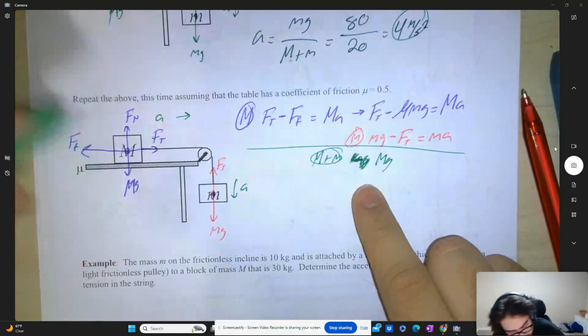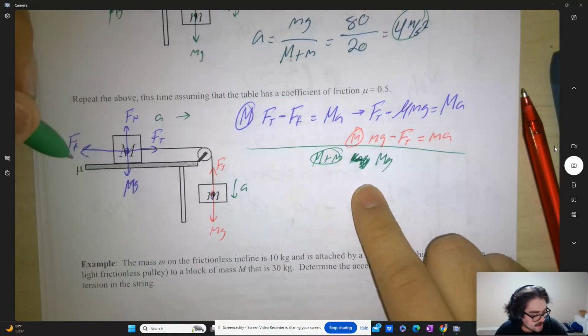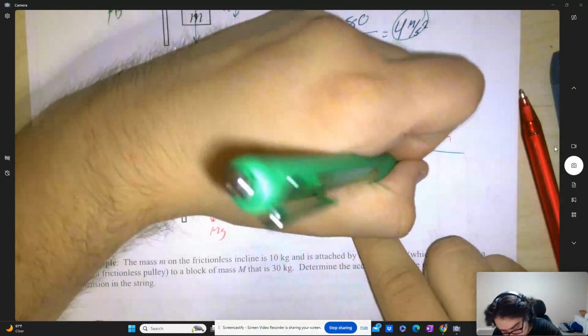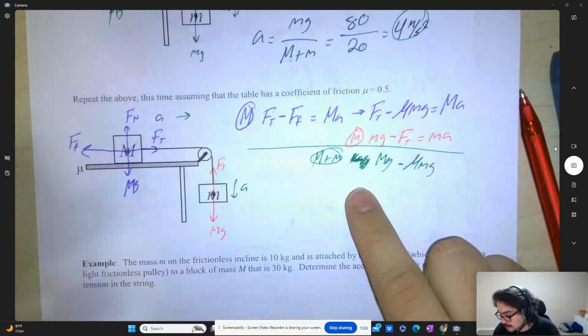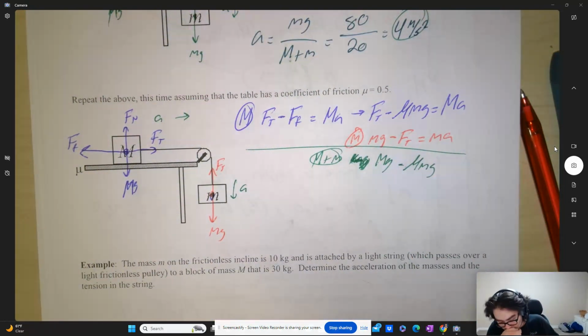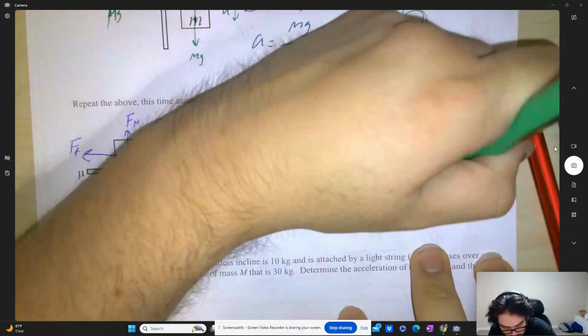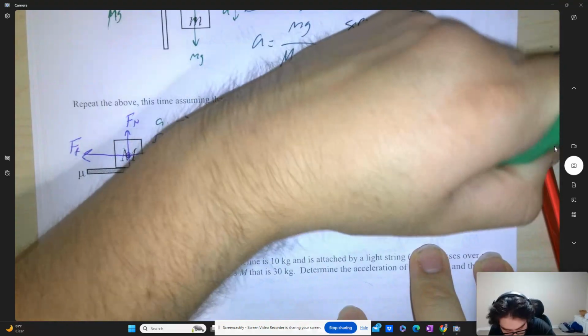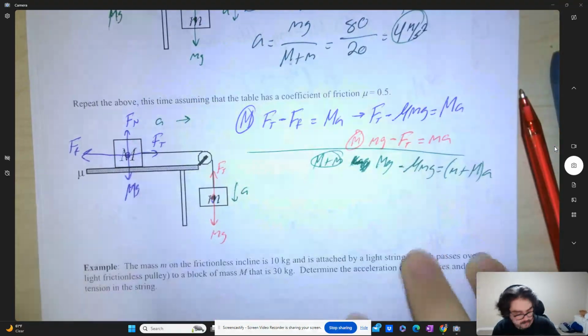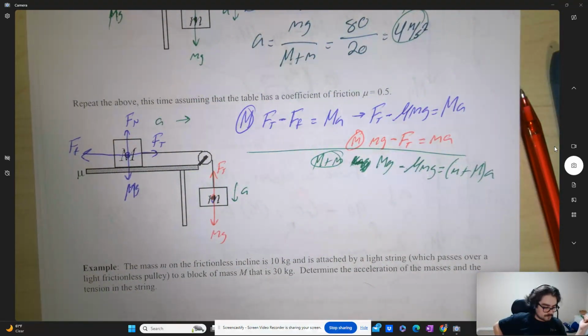Little mg, and then now you do have a backwards force, which is minus mu Mg. So you can set that equal to the combined mass, little m plus big M, times a.